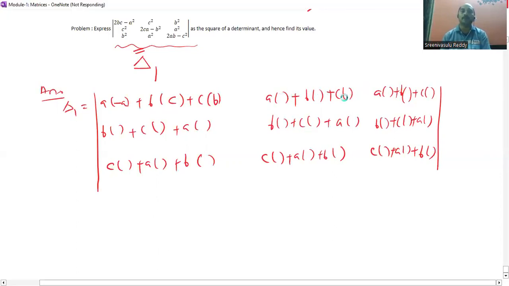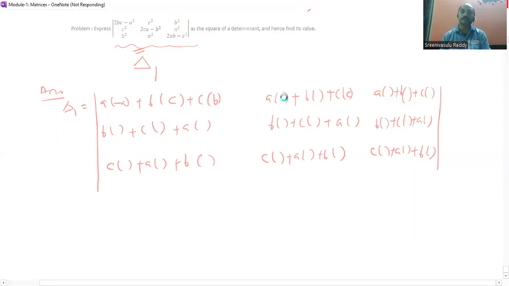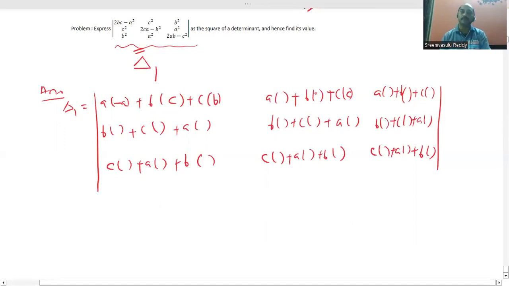C square is there, so in the braces, at the place of C, we put C. C into C, C square. Here we need to cancel these two, so here put minus B. Here A: minus AB plus AB.